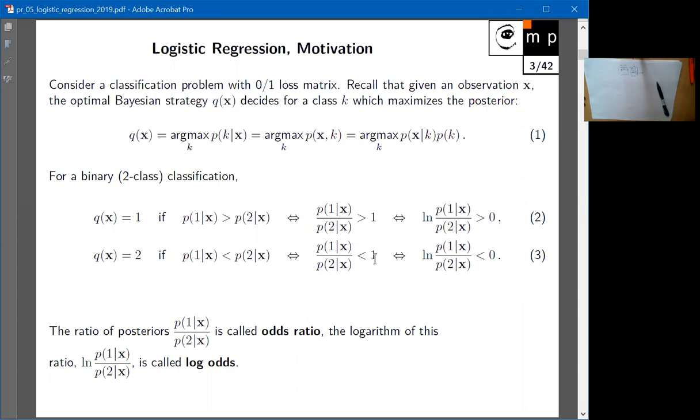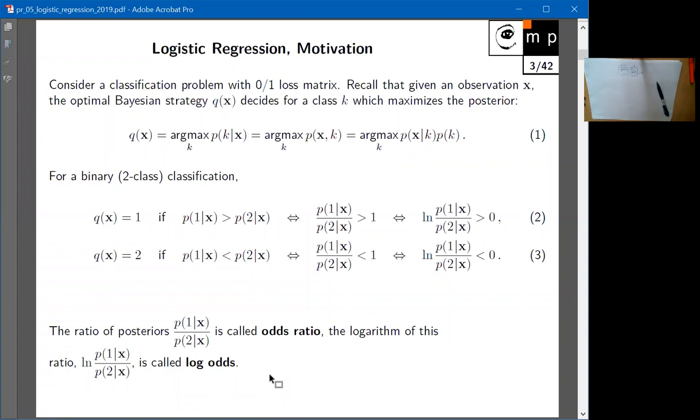If the ratio is equal to 1 or the log is equal to 0, the probabilities are the same. We'll make a 50% error and we can decide as we wish. The ratio of a posteriori probabilities is called the odds ratio, and the logarithm is called log odds.